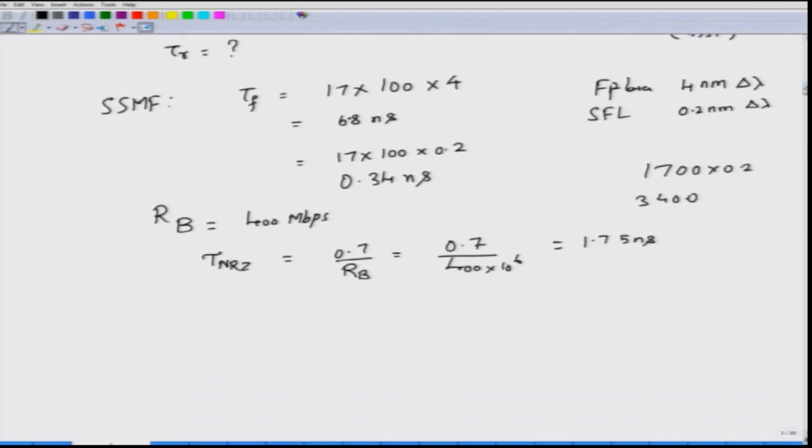So, if you look at the fiber for the two cases, for the 6.8 nanosecond we are hopeless, because I cannot in any way reduce 6.8 nanosecond, and on top of it I am going to add some rise time for the receiver and the transmitter, so I will never be able to reach this 1.75 nanosecond. However, if I operate with a dispersion shifted fiber, the pulse spreading because of the fiber itself is very small.